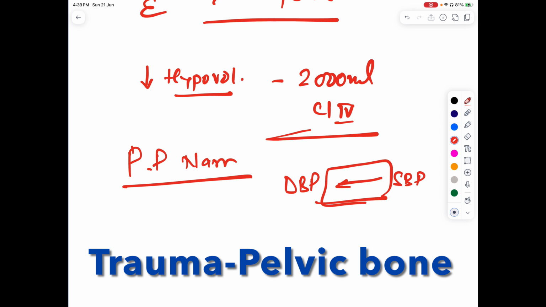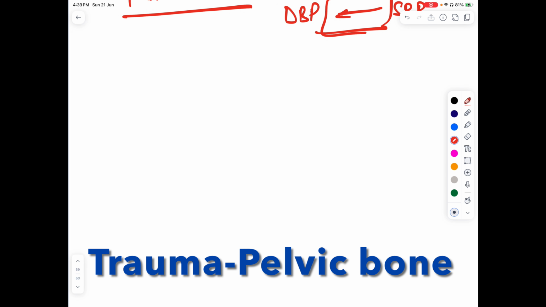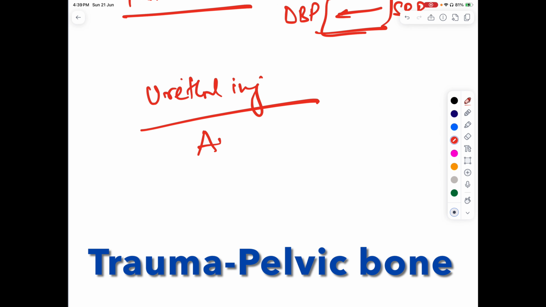Again, it will be managed by massive blood transfusion protocols. You give resuscitation with crystalloids, stabilization of long bones, and laparotomy has to be done. These patients need monitoring by heart rate, blood pressure, capillary filling, urinary output, and mental status. Then, if urethral injury is suspected and you get blood at the urinary meatus, what you do is an antegrade cystourethrogram or retrograde urethrogram.